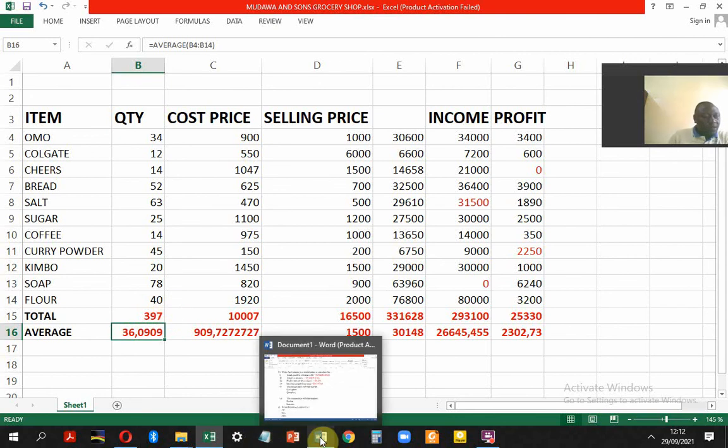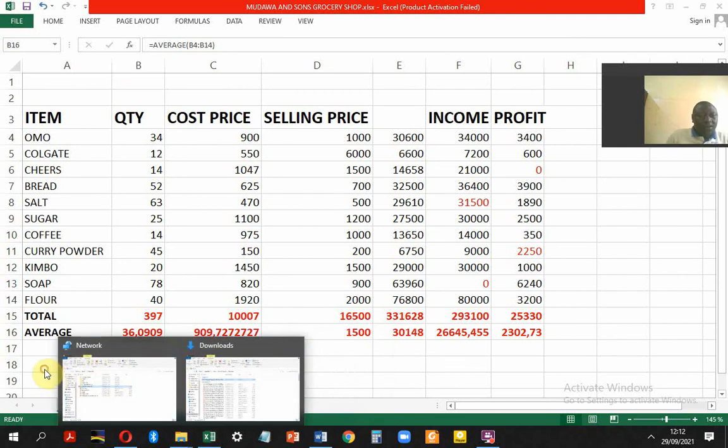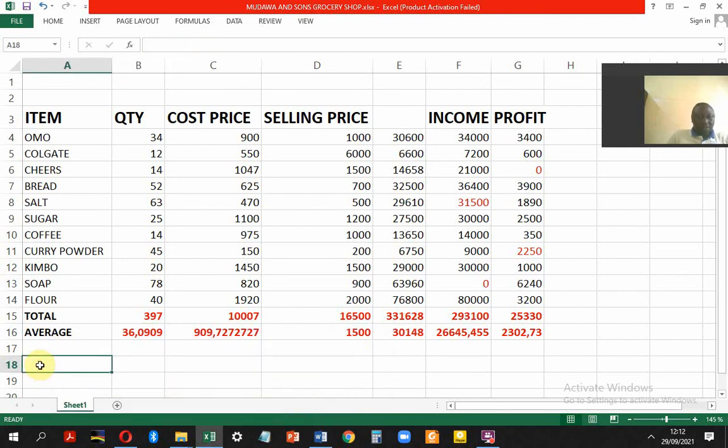But now the question they are asking us, we have to look at the commodity with the lowest. So we can say commodity lowest. We can even make it bold. So commodity with the lowest.